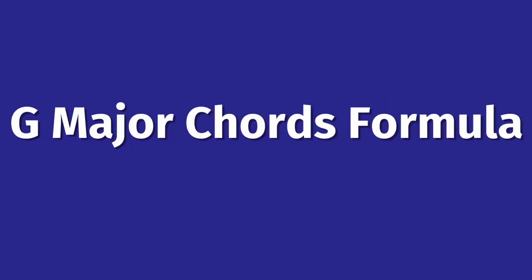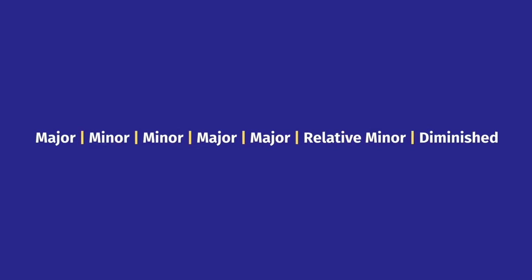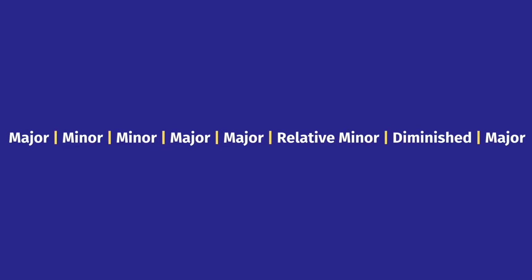This is also how we determine the basic chords in a major key. The formula for this, starting with the first G, is major, minor, minor, major, major, relative minor, diminished, and major.